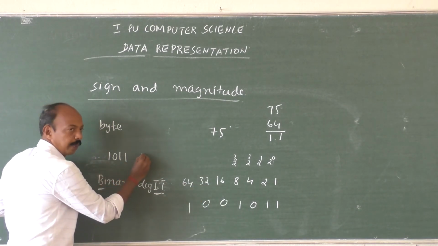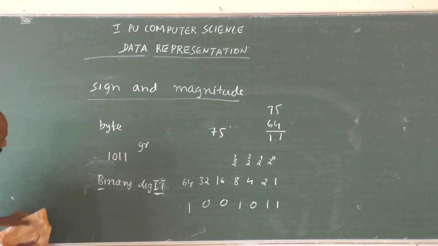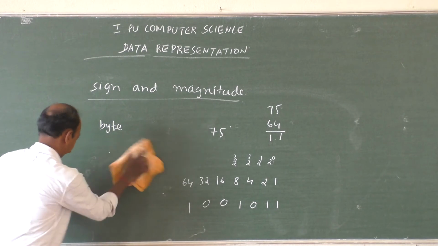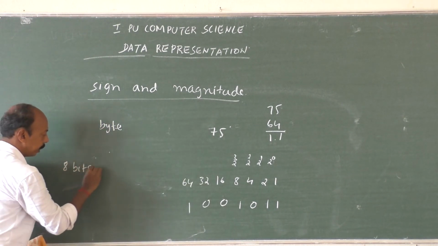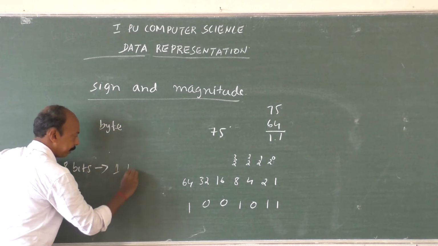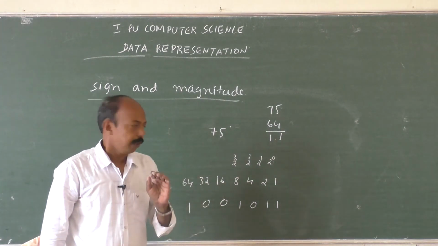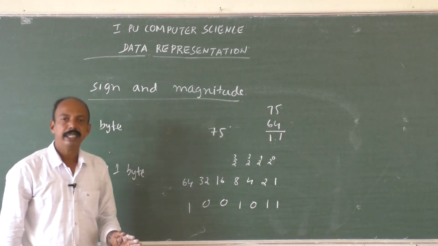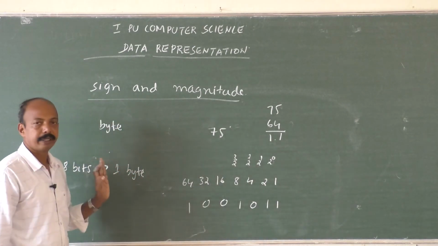A group of 8 bits will be called 1 byte. Whenever we represent something in computer memory, we will store it with respect to bytes.